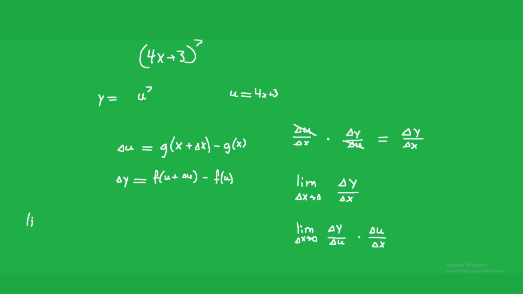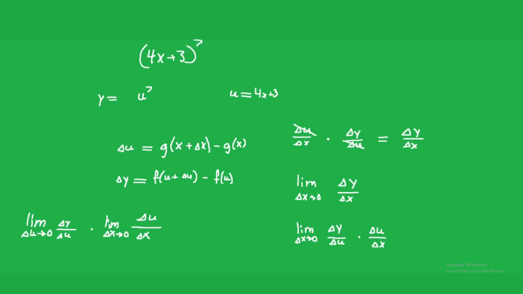So I'm going to write this first one as the limit as delta u, and I'll explain that in a moment, as delta u is approaching 0 of delta y over delta u. And then multiplied by another limit, as delta x approaches 0 of delta u over delta x.